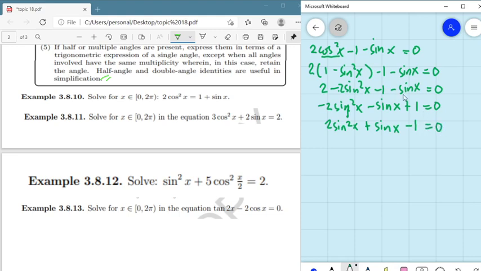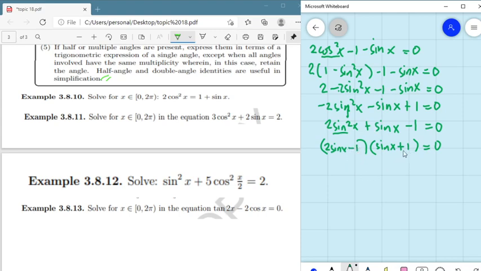So from there, we need to factor. Equals 0. So factor this one as 2 sine x and then sine x. Then we need positive 1 and negative 1.